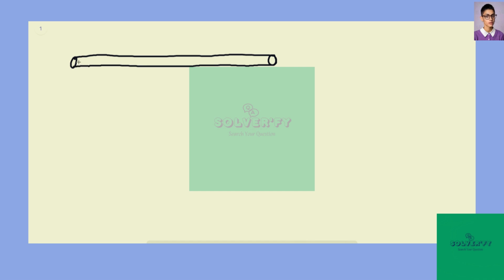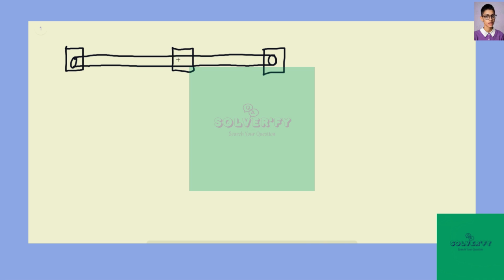So let's first draw out the system. We have a rod, and at either end of the rod we have a mass, and then in the middle we also have a mass.